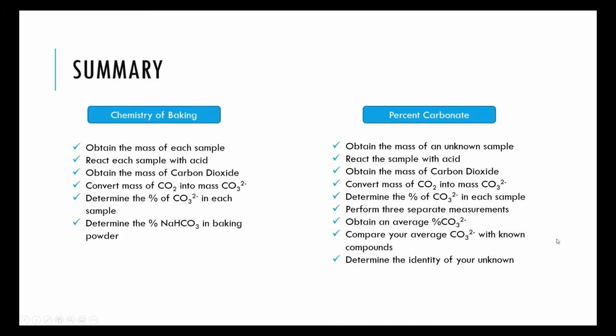In the second part of the experiment, you're performing this experiment setup 3 times on the same unknown. And in doing so, you'll determine the percent carbonate of each of your trials, obtain the average, and then compare that to the possibilities to determine the identity of your unknown carbonate.